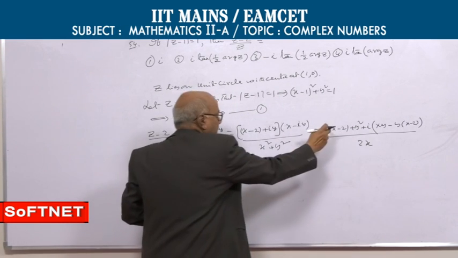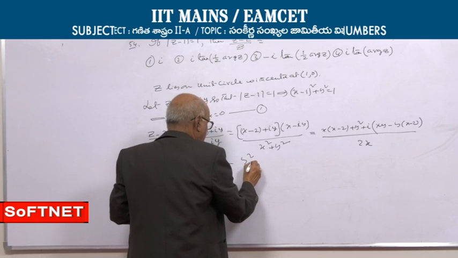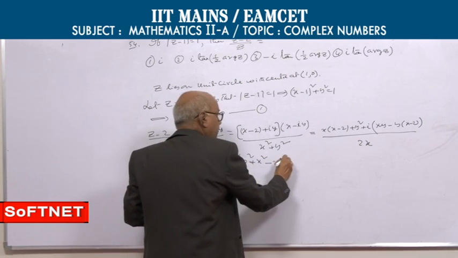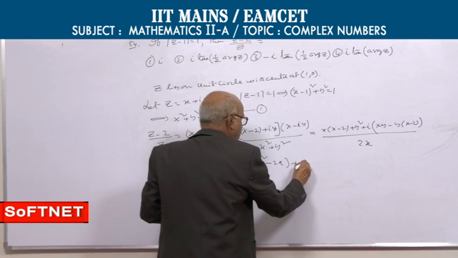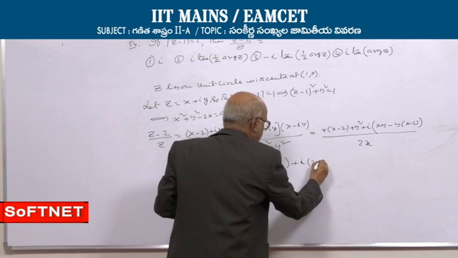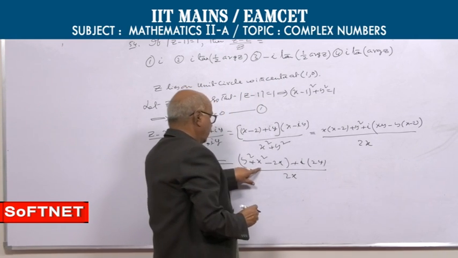So that is, now this is y square plus x square minus 2x, plus I into what you get is 2y by 2x, and y square plus x square.